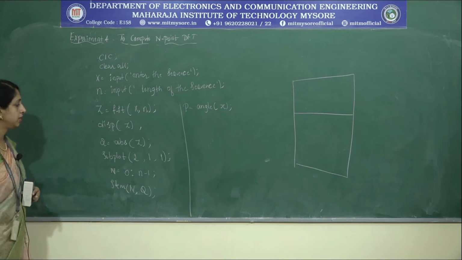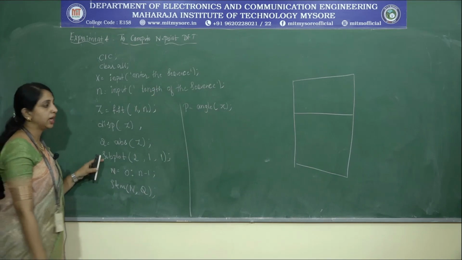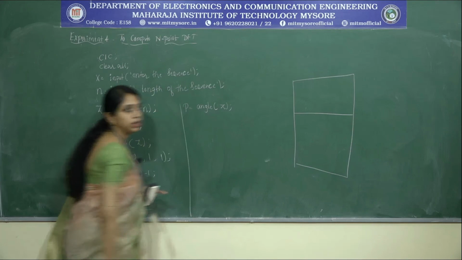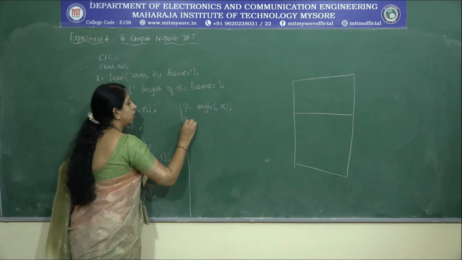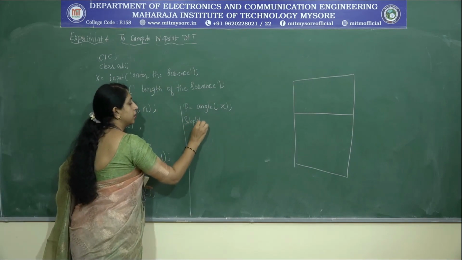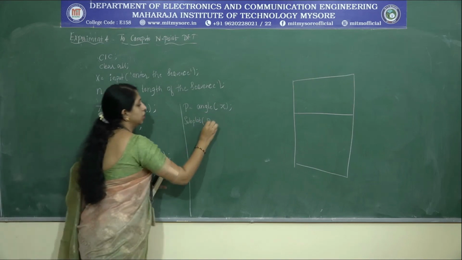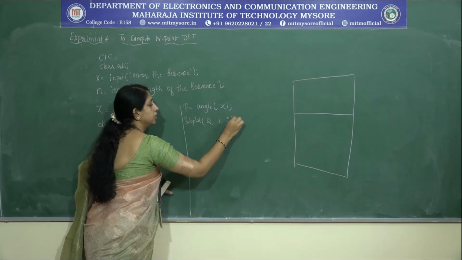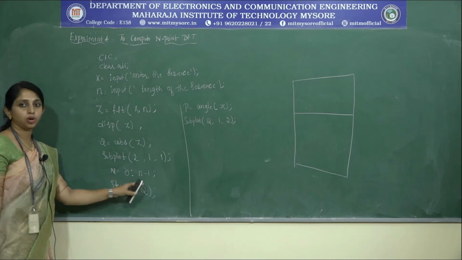Angle of Z. Again, give a subplot for that. In the second position you need to display it. Subplot 2, comma 1, comma 2. The length is already defined.